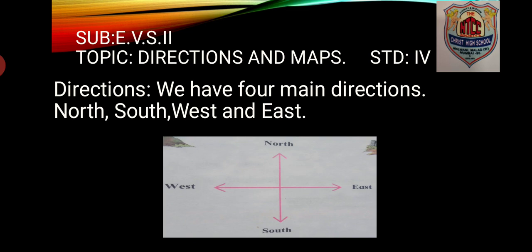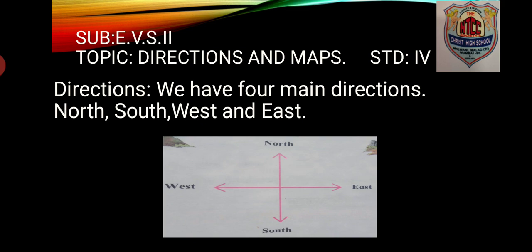Students, in standard 3rd, we have already studied these four main directions. You can see here, north is always opposite to the south and west is always opposite to the east. We find the other directions on the basis of the east direction, because the sun rises in the east.